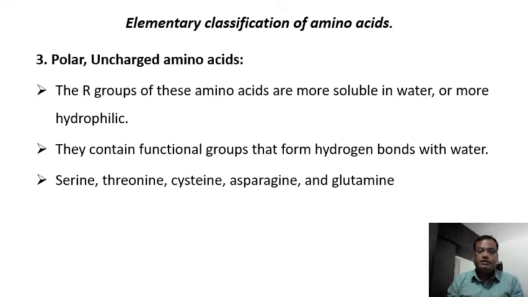They contain functional groups that form hydrogen bonds with water. Now, why are they hydrophilic? Because the functional groups bind with water. Examples are serine, threonine, cysteine, asparagine and glutamine. These are the examples for polar uncharged amino acids.